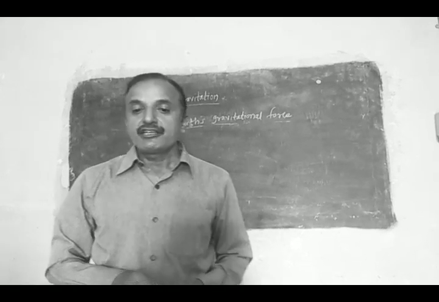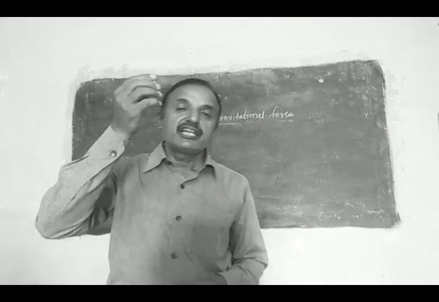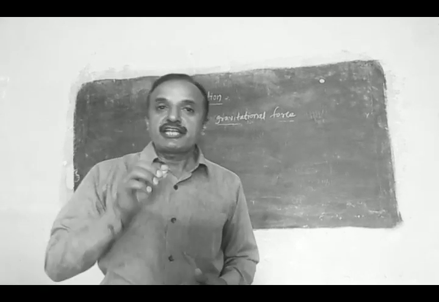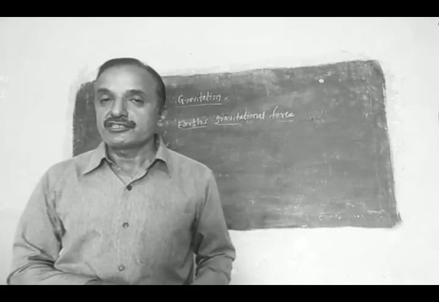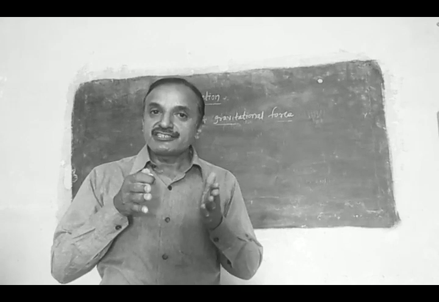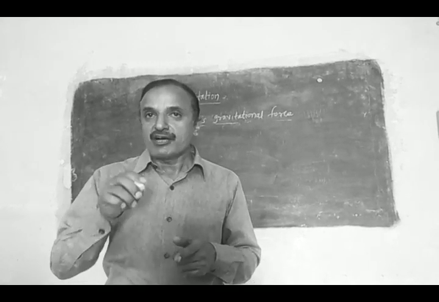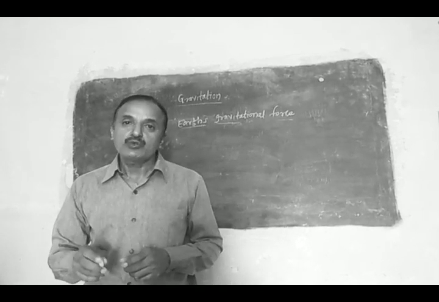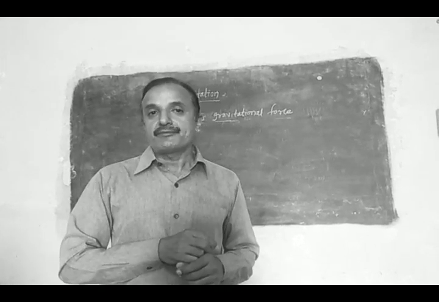It means that whenever any object is thrown vertically upwards, it comes down and falls toward the center of earth. It happens because of the gravitational force of the earth. As the mass of the earth is concentrated at the center, the center of mass is at the center of the earth. That's why the object falls towards the center of earth.